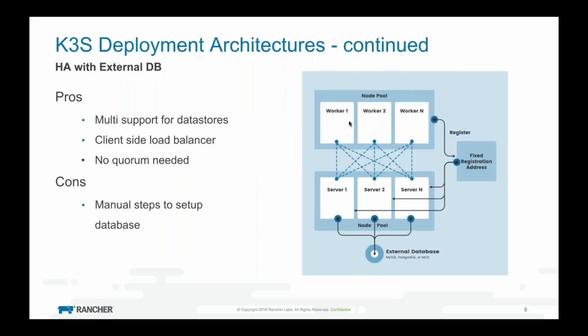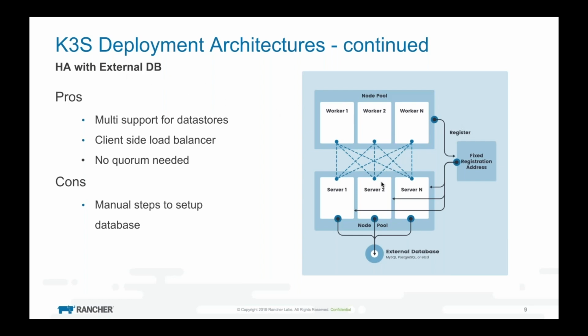So now let's talk about the HA deployment architectures. The high availability architectures have two modes. The first mode is HA with external DB, and the second mode is HA with embedded DB. We'll talk about the external DB first.